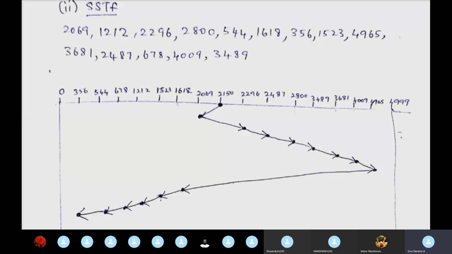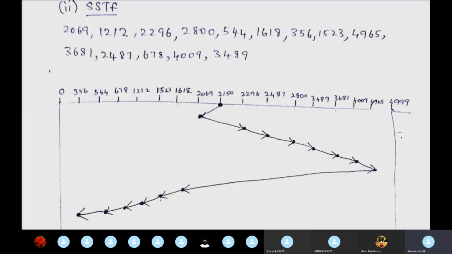So இங்க 2069 ல இருந்து we are having the previous one 1618. எங்க போகலாம்? 1618 க்கு போகலாம் இல்லனா 2296 போகலாம். இது ரெண்டுல ஏதாவது ஒன்னு தான் ஷார்ட்டஸ்ட் சீக் டைமா இருக்க போகுது. சோ அதை எப்படி கண்டுபிடிப்பீங்க? This 2069 minus 1618, so you will find that value.